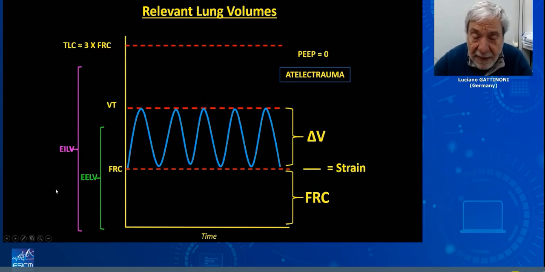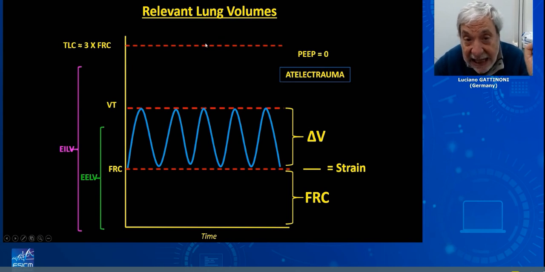Now, it is extremely important to monitor the volumes of the lung. And we have some important volumes, which are the FRC, the resting volume. Then usually we add the PEEP. PEEP means we increase the volume again. And then if you multiply the FRC, even the FRC of a baby lung, by about 2.5 or 3, you have the total lung capacity of that particular lung.